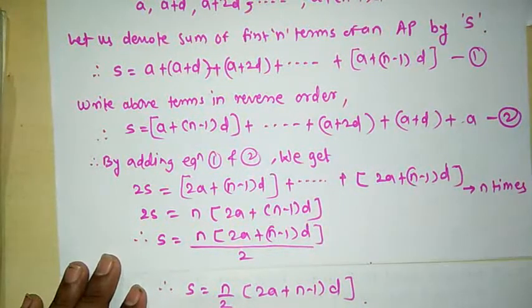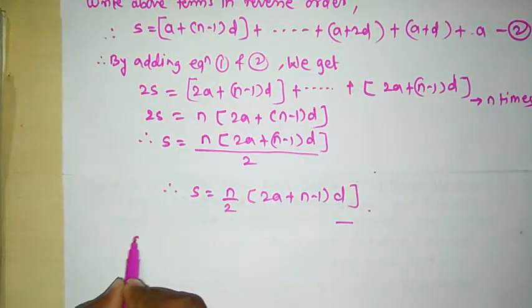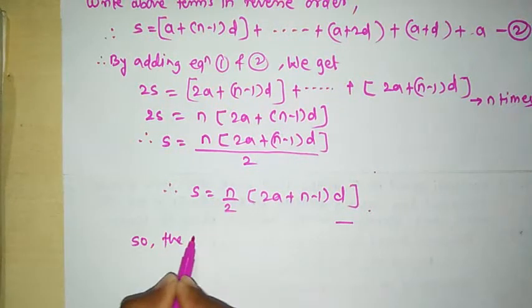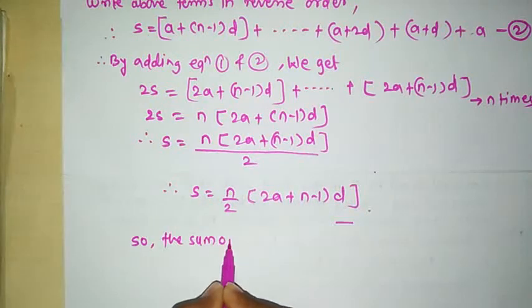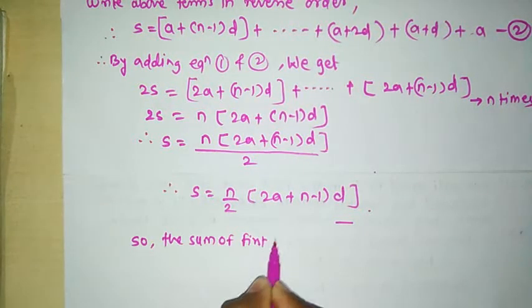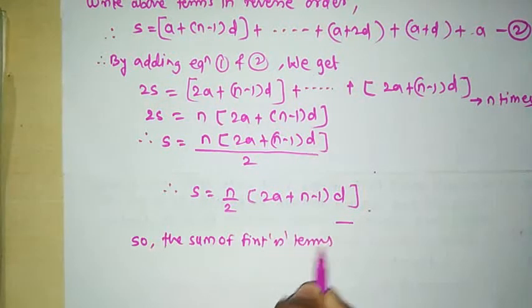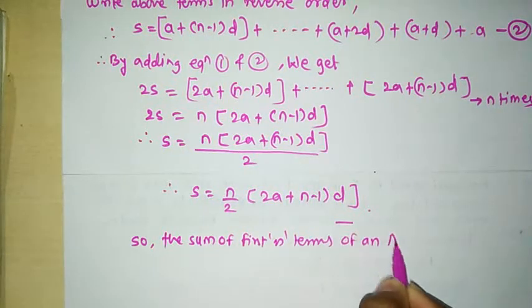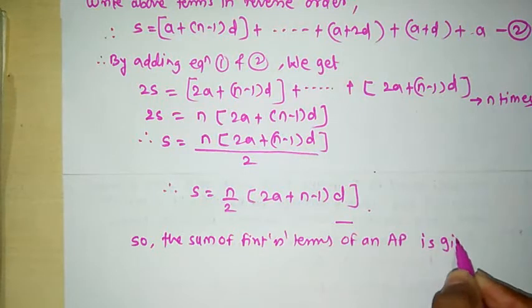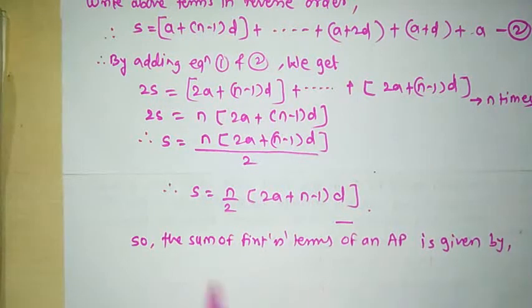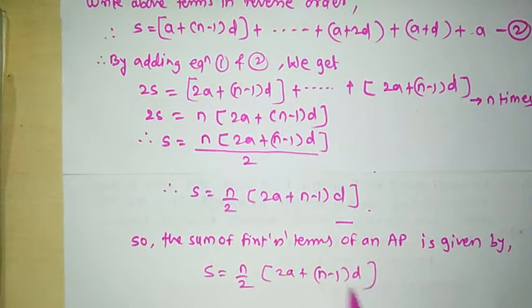So we got s is equal to n by 2 into 2a plus n minus 1 into d. So the sum of first n terms of an AP is given by s is equal to n by 2 into 2a plus n minus 1 into d.